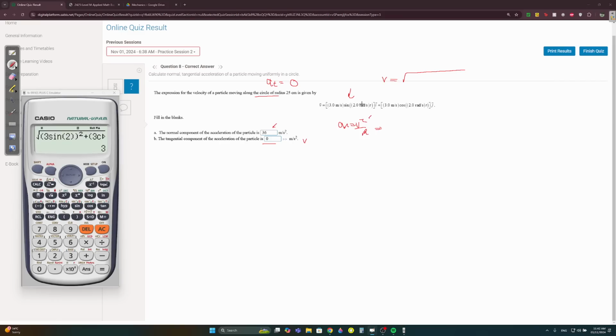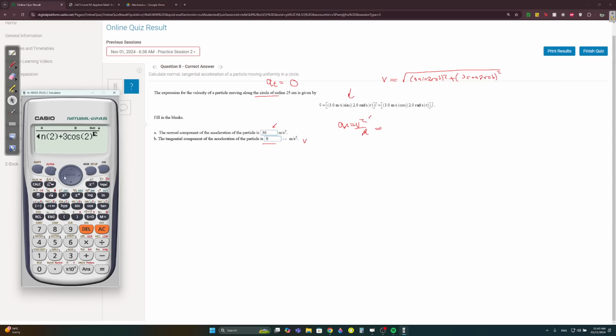It's going to be the i component, 3 sine 2 rad squared, plus 3 cosine 2 rad squared. You're going to get 3 when you do this. But please pay attention. If you do it in degrees, most of you are going to get this: 3 sine 2 plus 3 cosine 2 squared.